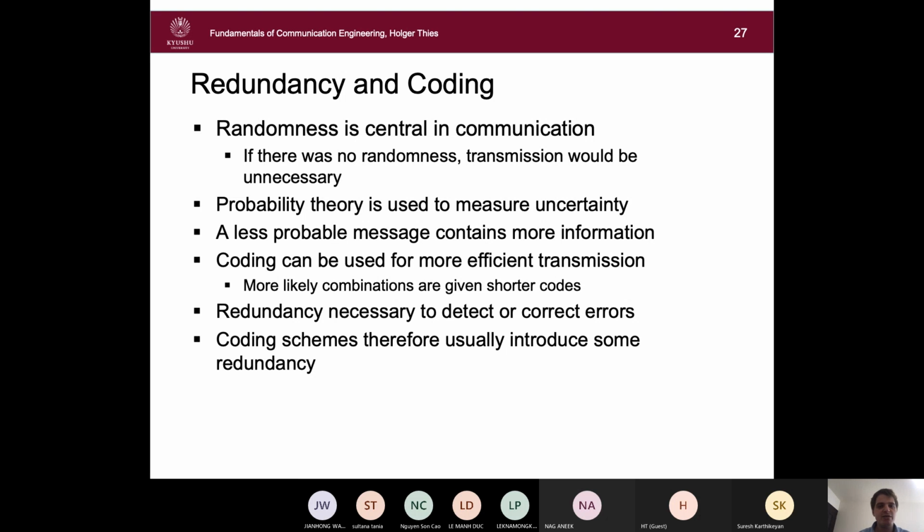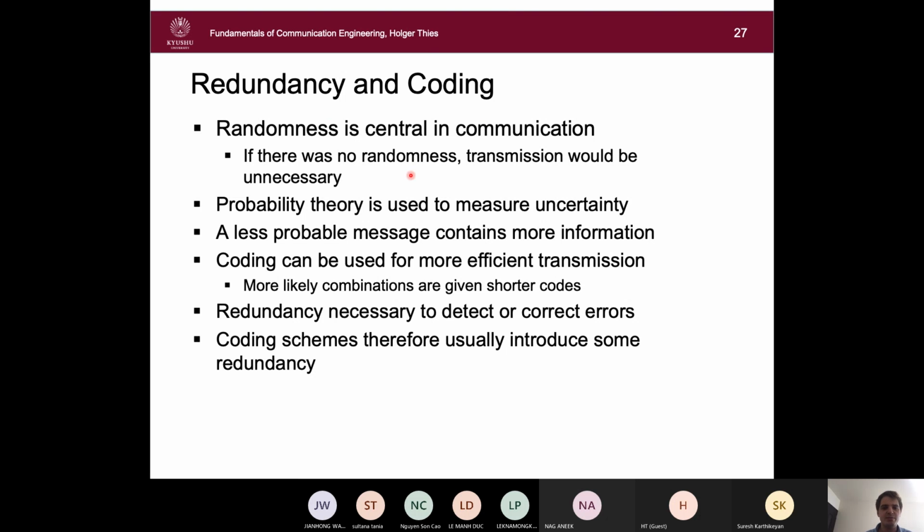And another central fact is that when we send a message, it's often better to not only send the message, but send a little bit more than just the message we want to send. This is called redundancy, and similarly, sometimes we want to encode the message, so change the message a little bit and do some coding.